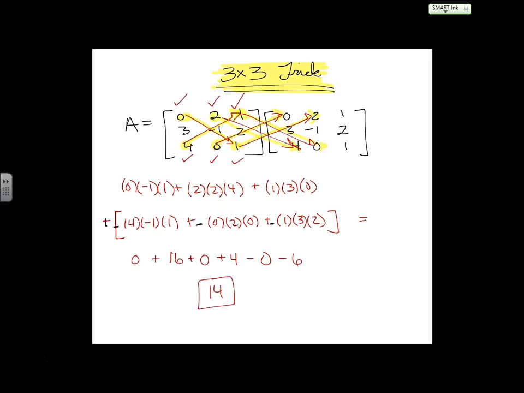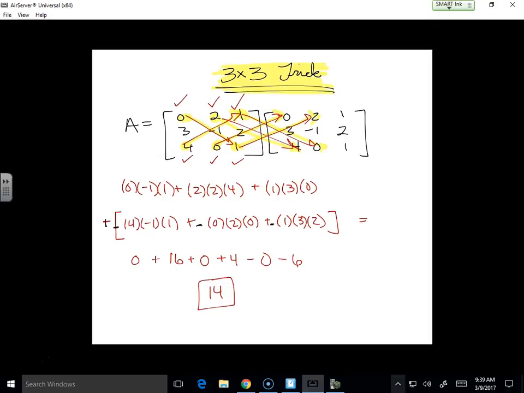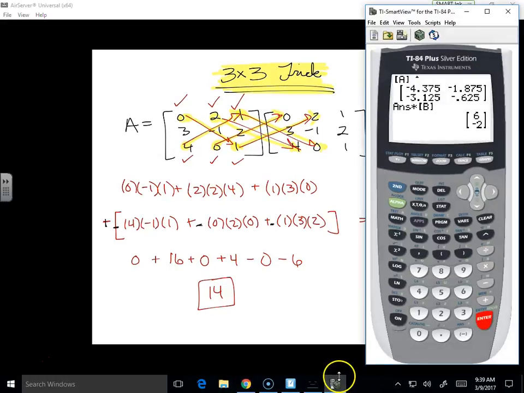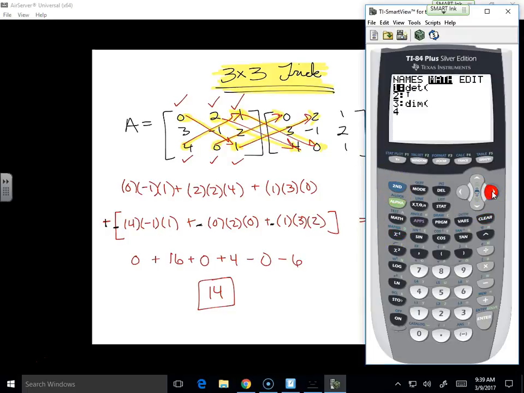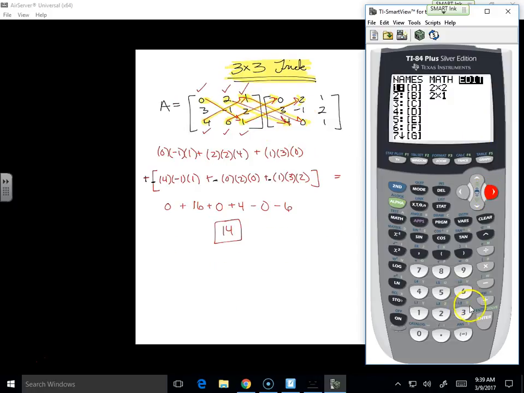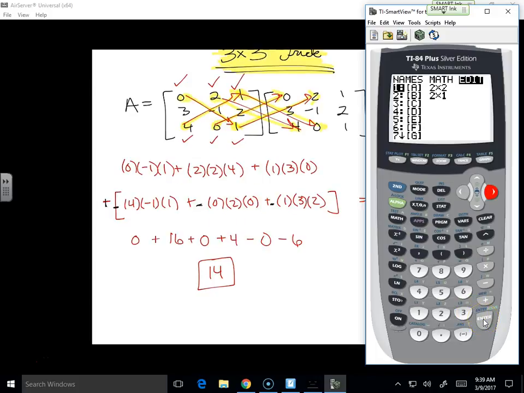Now, pause. Can your calculator find a determinant? Yes. How? Using the math menu. Can't do inverses. Hey, look, DET. I think that's a thing, right? If I edit, sorry, I switched my screen, A to B instead of 3 by 3.